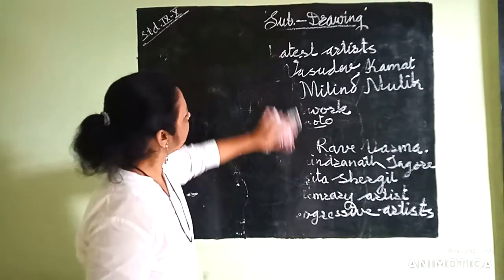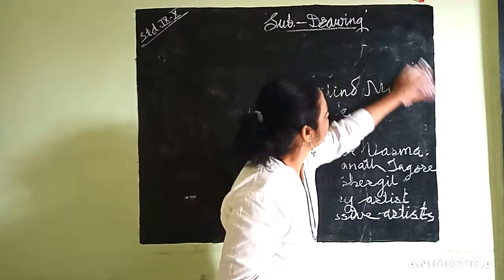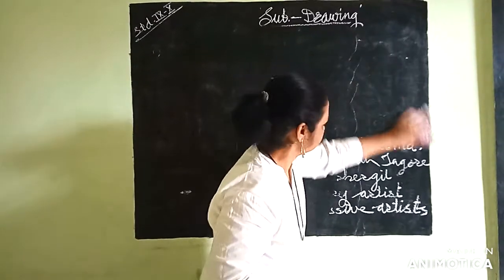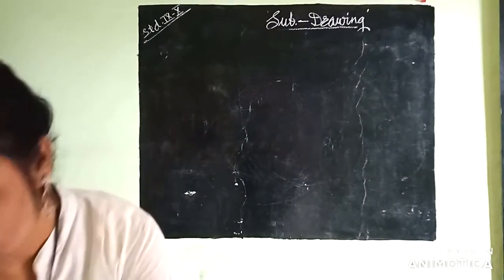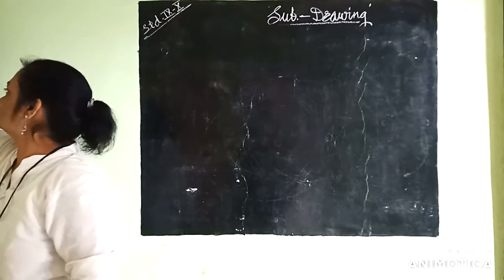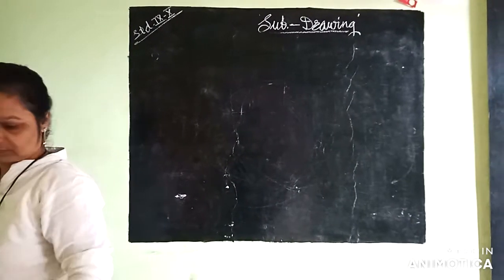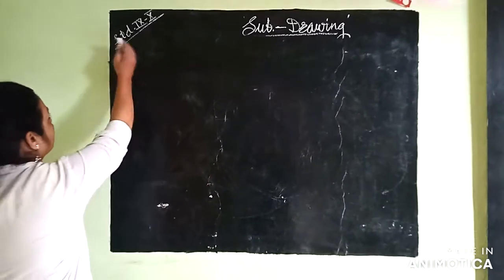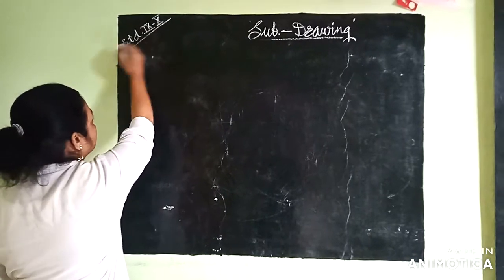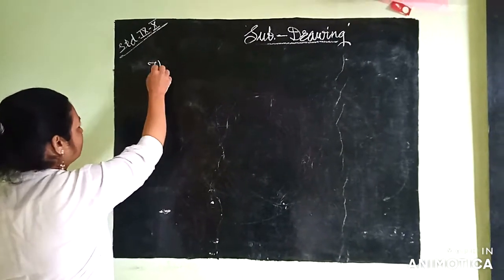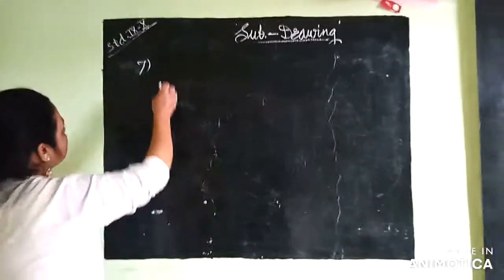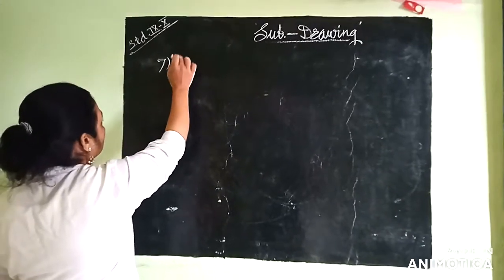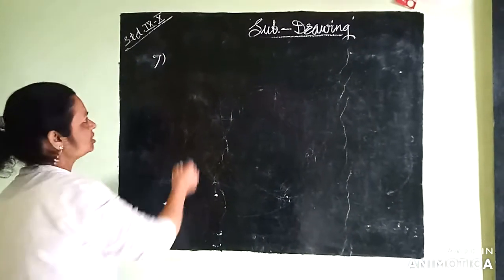This is our 6th page of the project. Come to the next topic. You can give number 7 here. Interesting part also: well-known musicians.